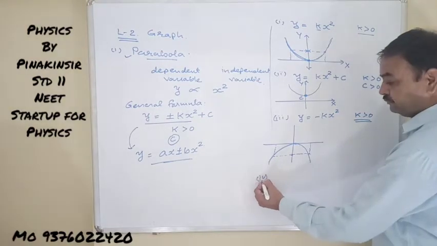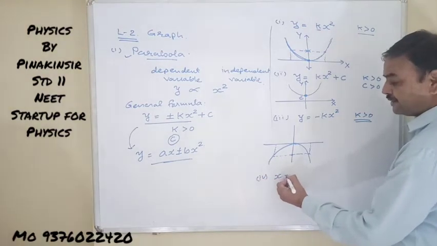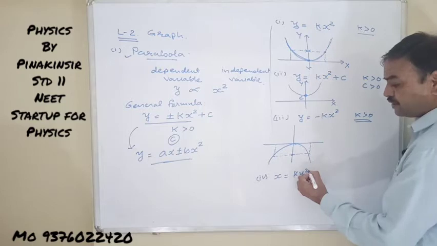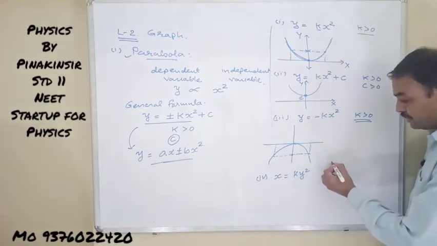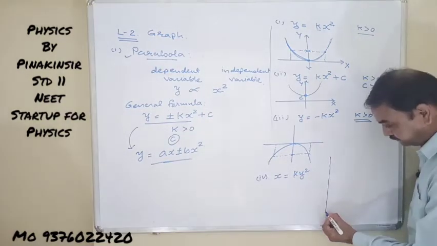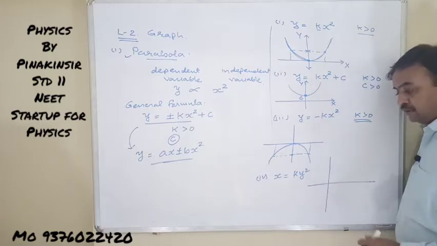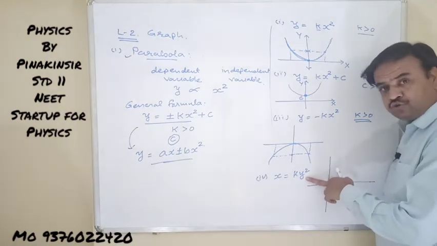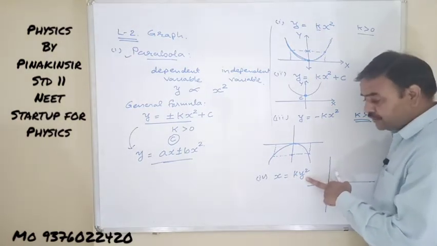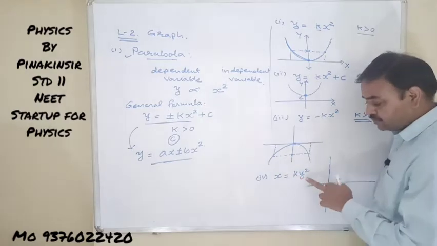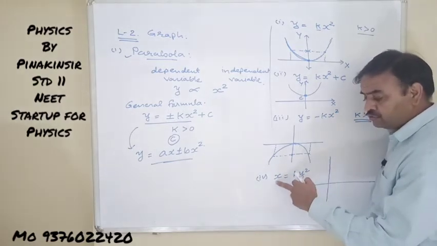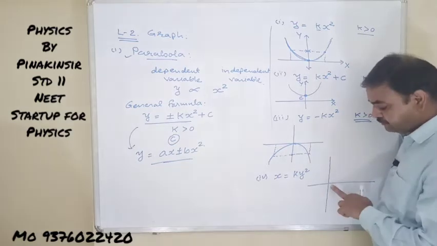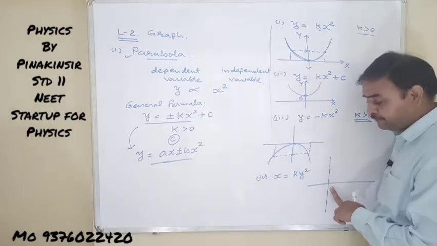Again, suppose we are having x is equal to ky square type, then your graph will look like this. Here we are having a choice for y, and you will get the same value for x. Suppose if we substitute y is equal to 0, x will be equal to 0, the graph will pass through the origin, number 1.